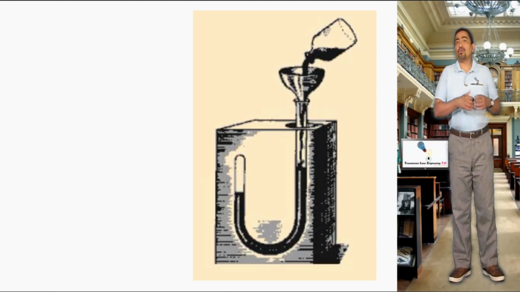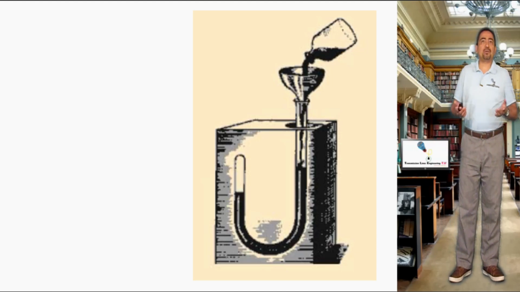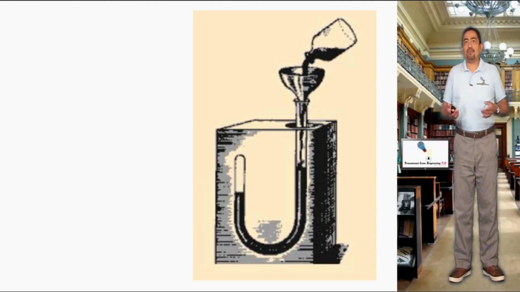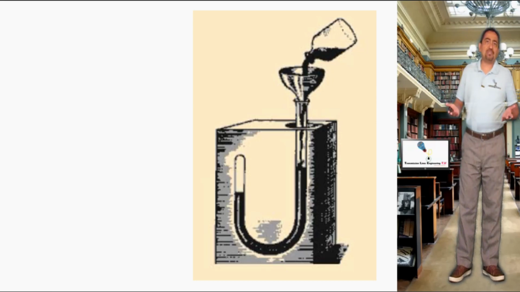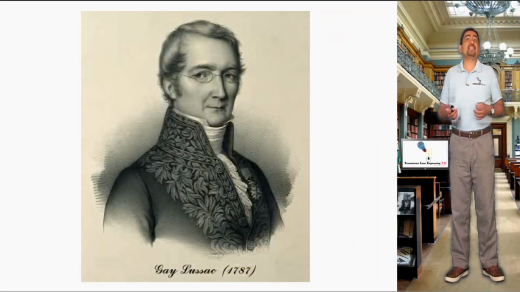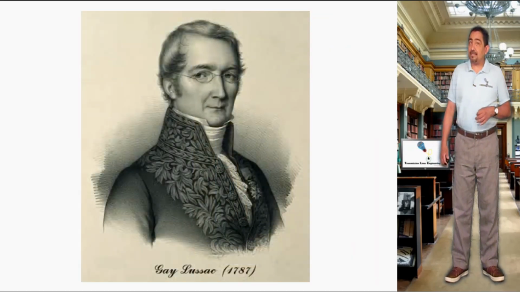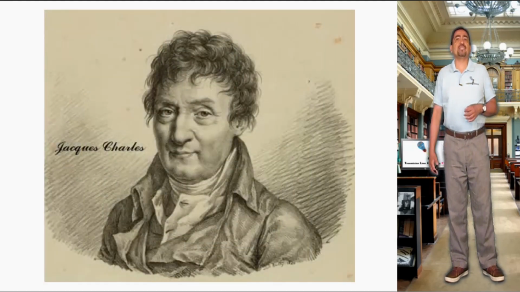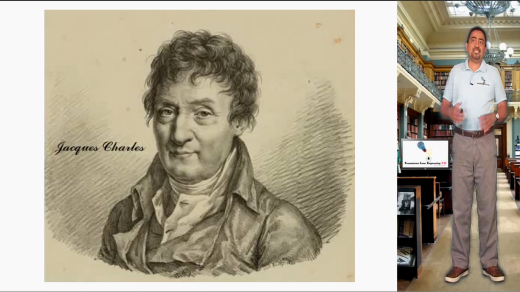Later on, other versions of the change of state equation were developed for different applications, such as the Gay-Lussac law in 1787, when the French physicist Jacques Charles discovered how gases vary their volume as a function of the temperature.